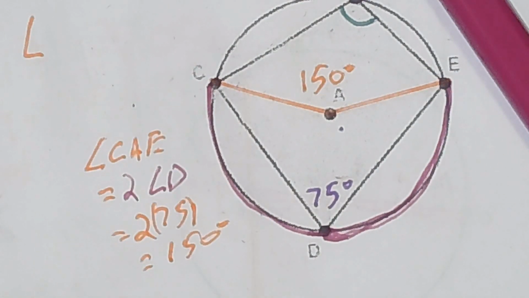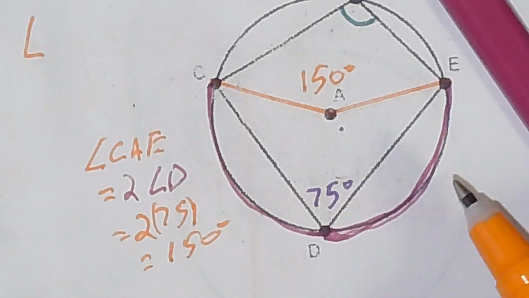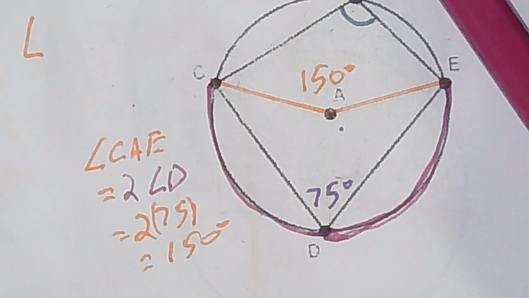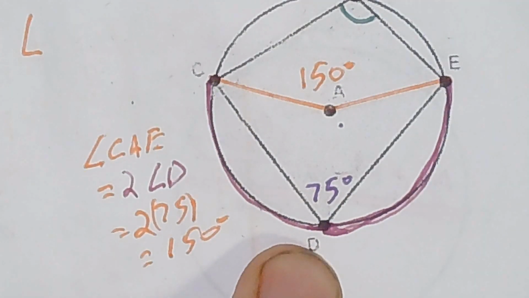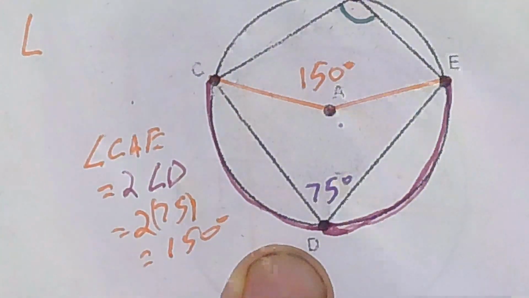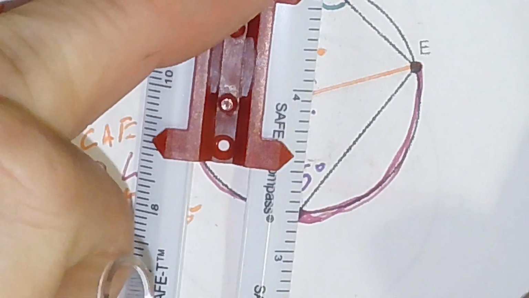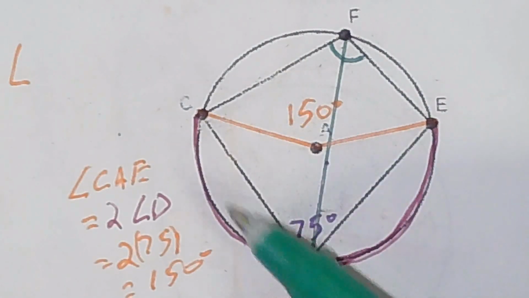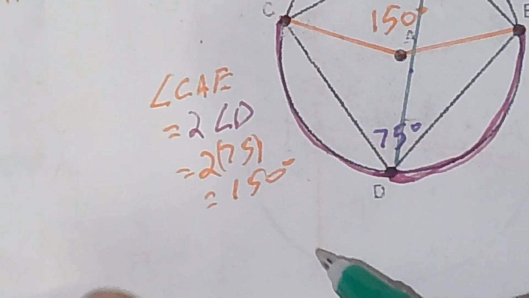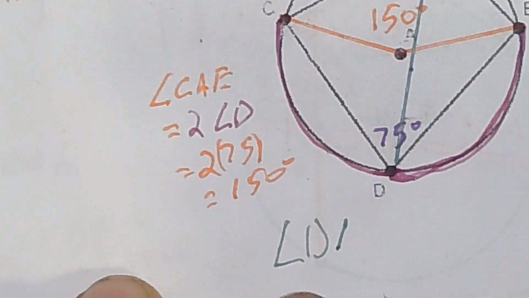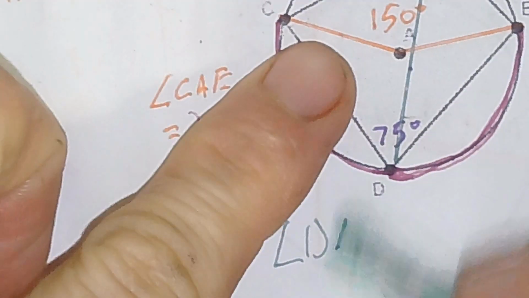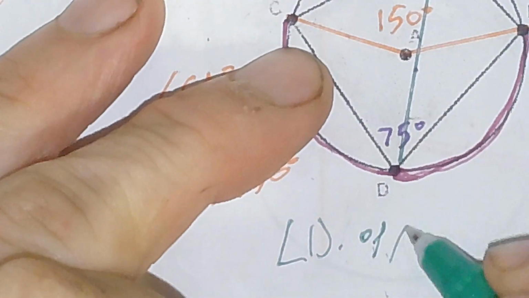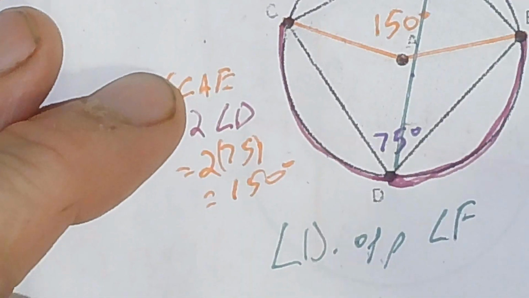All right. So what about the measure of angle CFE, also known as angle F? This angle is opposite the 75-degree angle inside of our quadrilateral. D is opposite angle F inside of a quadrilateral.